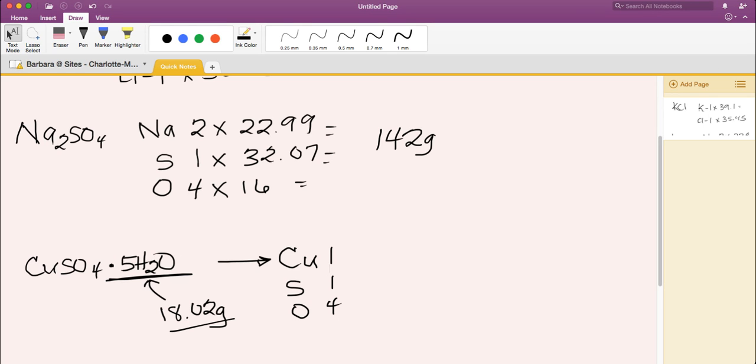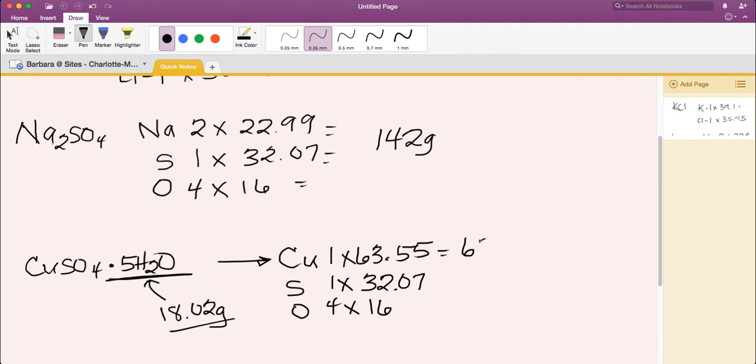On your periodic table, you should see that the mass of copper is 63.55. So we're going to multiply that 1 times the 63.55. Then you have the mass of sulfur, which is 32.07, and the mass of oxygen is 16.